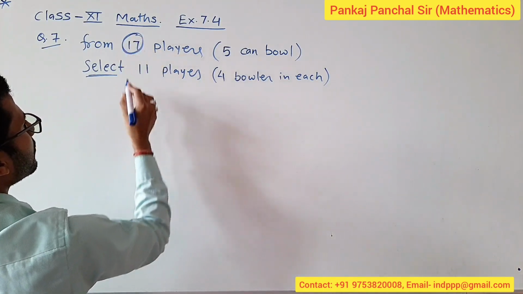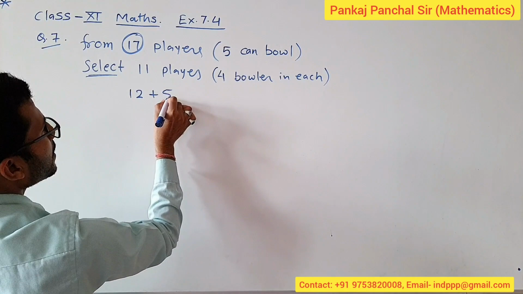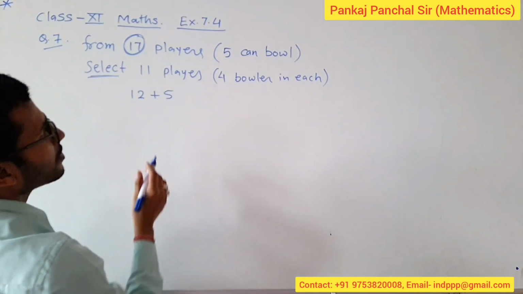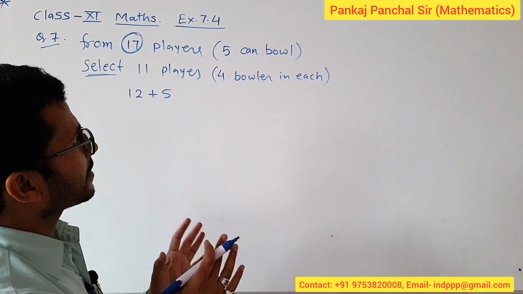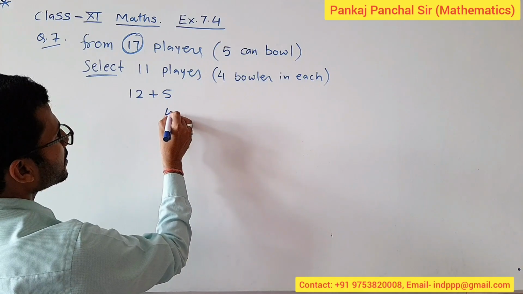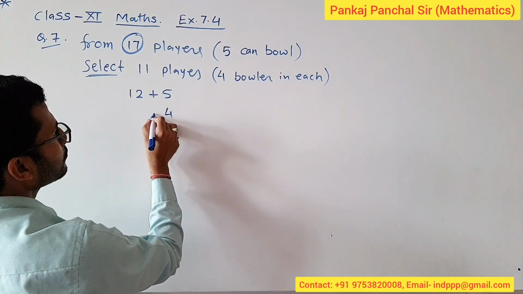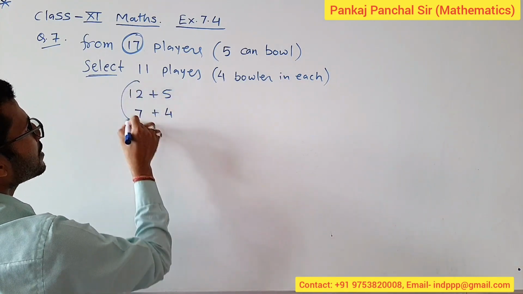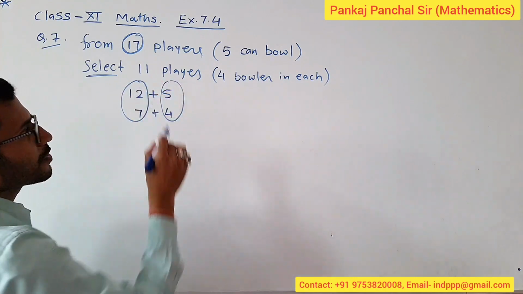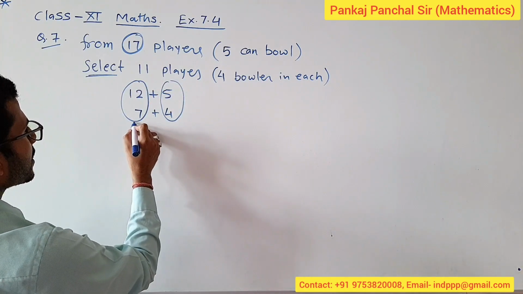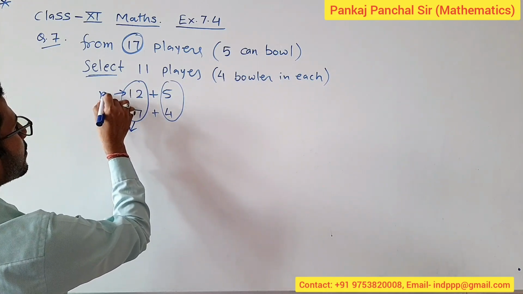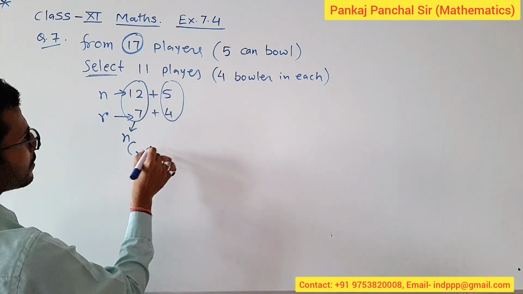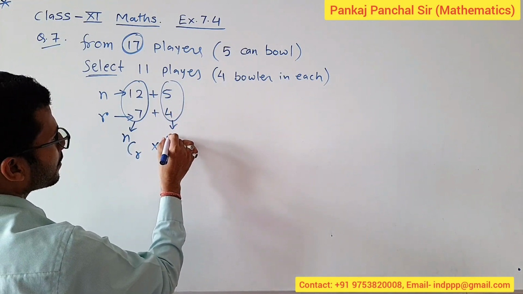Out of the 17, 5 are bowlers and 12 are others, and we need 11 players, out of them 4 are bowlers. So we need 4 bowlers, and the rest 7 are others. So 7 we will select from these 12 and 4 from these 5. Here we can find the values of n and r, so we will apply nCr, and here again nCr.